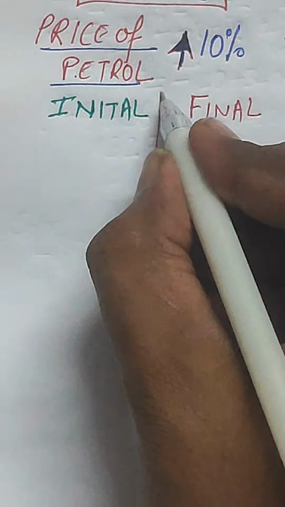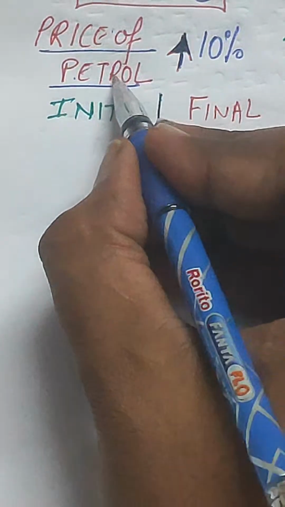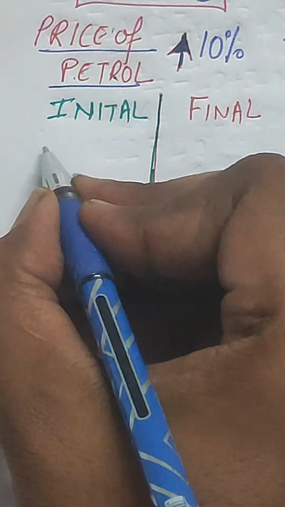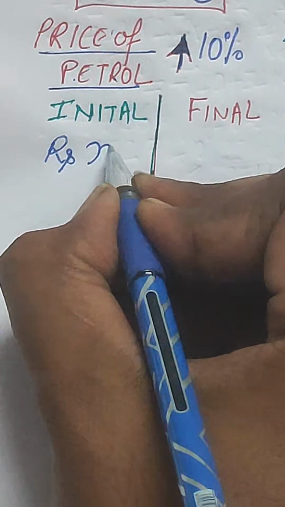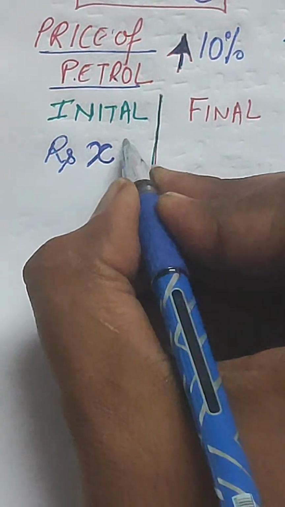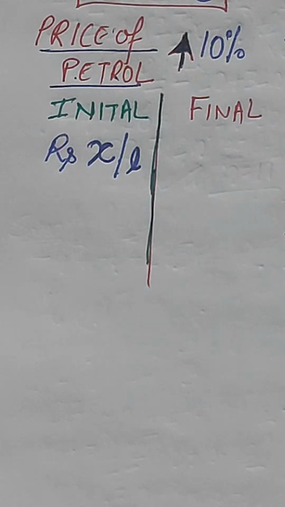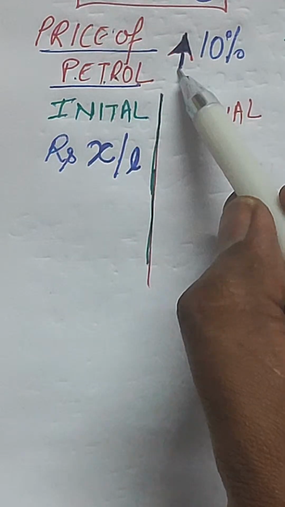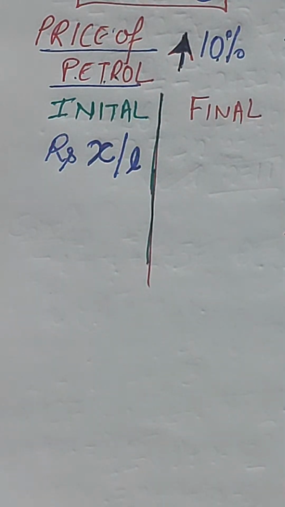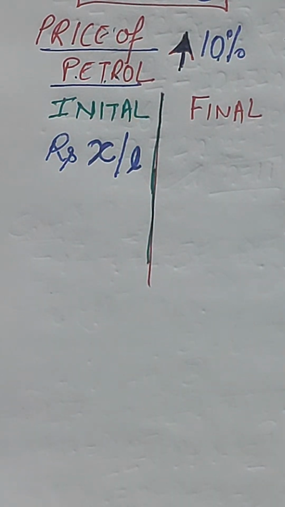So let us assume the price of petrol per liter is rupees x per liter initially, right? Now here you can say the price of petrol is increased by 10%. Now the final price will be something different.